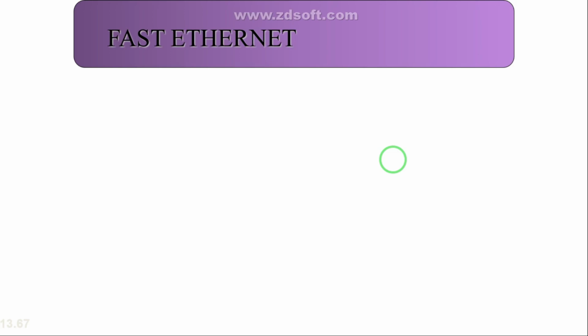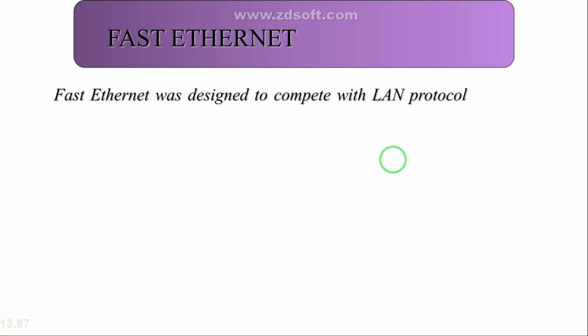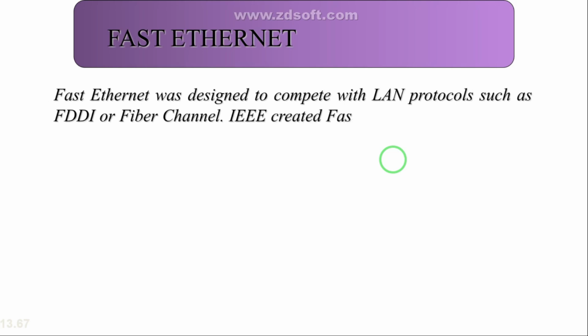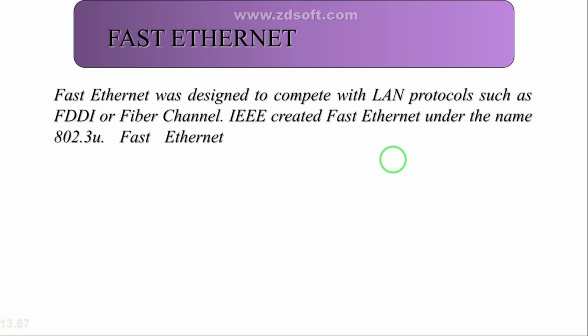So Ethernet made a big jump by increasing its transmission rate up to 100 Mbps, and the new generation was called fast Ethernet. Fast Ethernet was designed to compete with LAN protocols such as Fibre Channel and FDDI, and it was created under the name 802.3u.